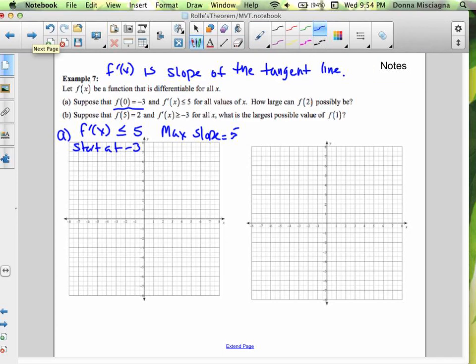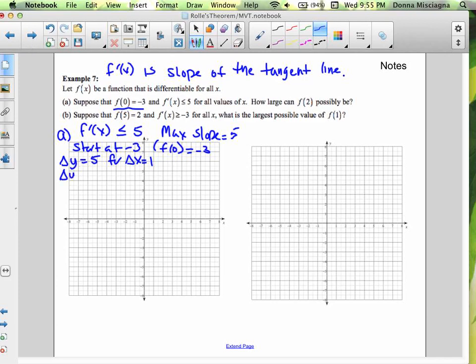And when is the function equal to negative 3? When x is 0, right? So f of 0 equals negative 3. So the change in y will be 5, because that's our maximum slope, for a change in x of 1. So every time I add 1 to x, I can add 5 to y, because our maximum slope is 5.